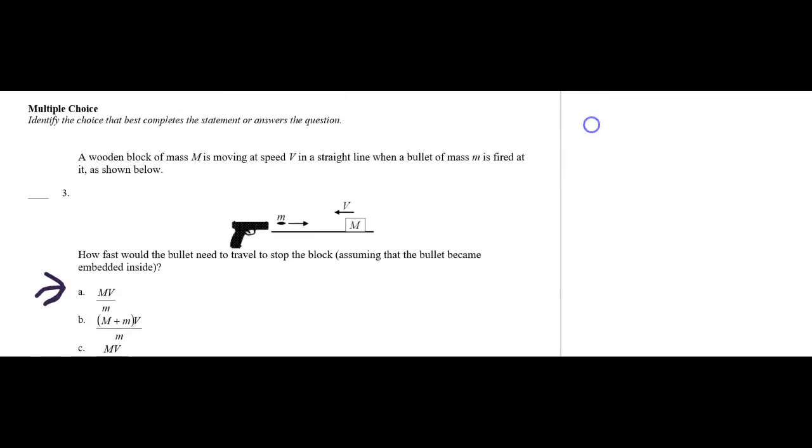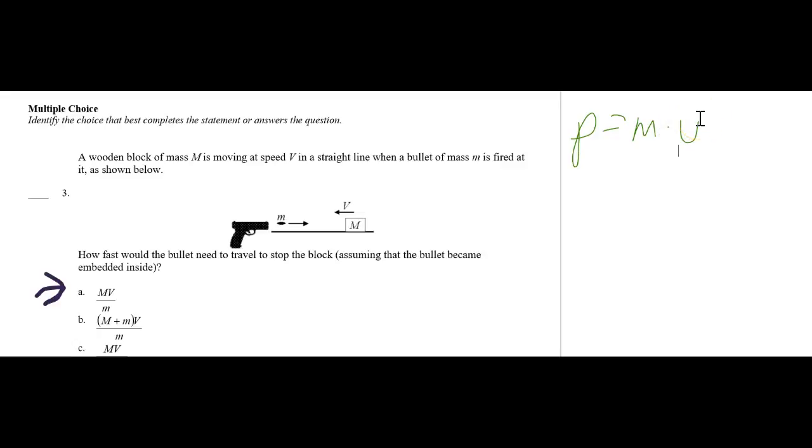Here on problem 12, we have a wooden block moving at speed v and a bullet fired at it. How fast would the bullet need to travel? Anytime you have a collision, I like to use momentum or change in momentum. I can see my answers have m and v in them, and we know momentum equals m times v.